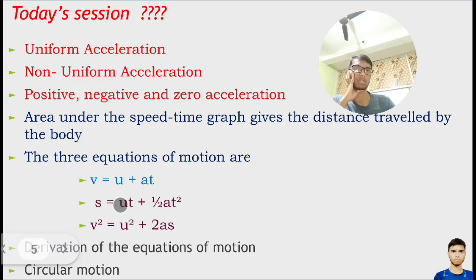These equations are formulas, you can say. If you want to know the final velocity, then this is the formula. If you want to calculate displacement from acceleration, you can apply this formula. Here the derivation of the equations of motion, circular motion, all of this will be covered.